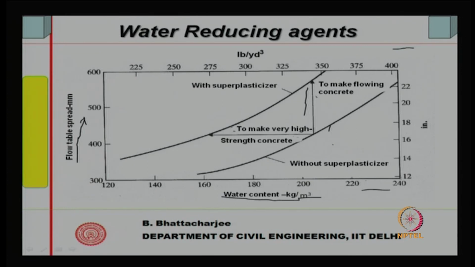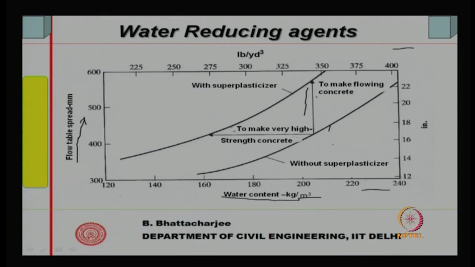So, recall from the previous diagram, it is something similar. Superplasticizer can be used to increase the workability at a given strength without adding any more water. You can increase the strength for the same workability by reducing the water content and keeping the cement same.